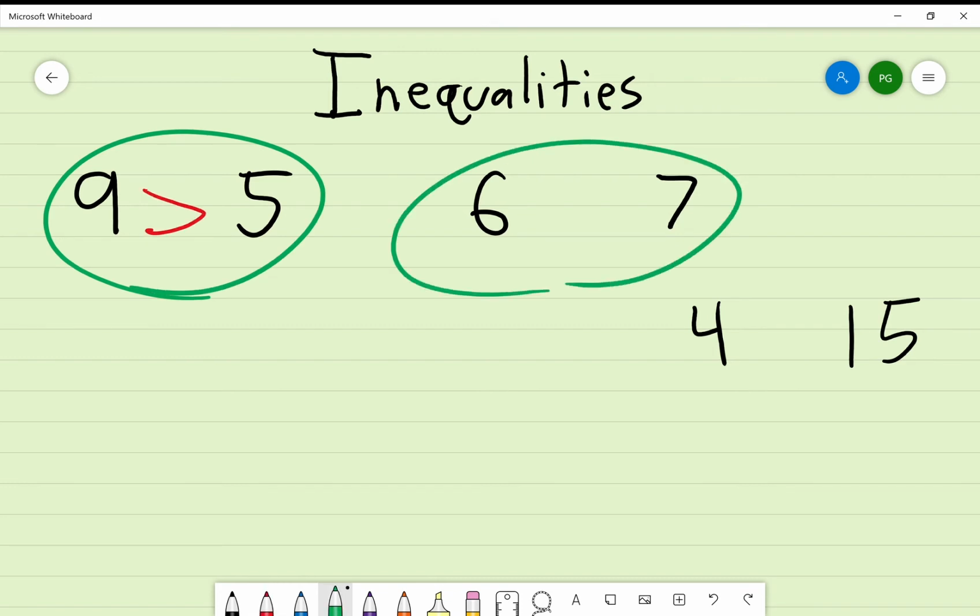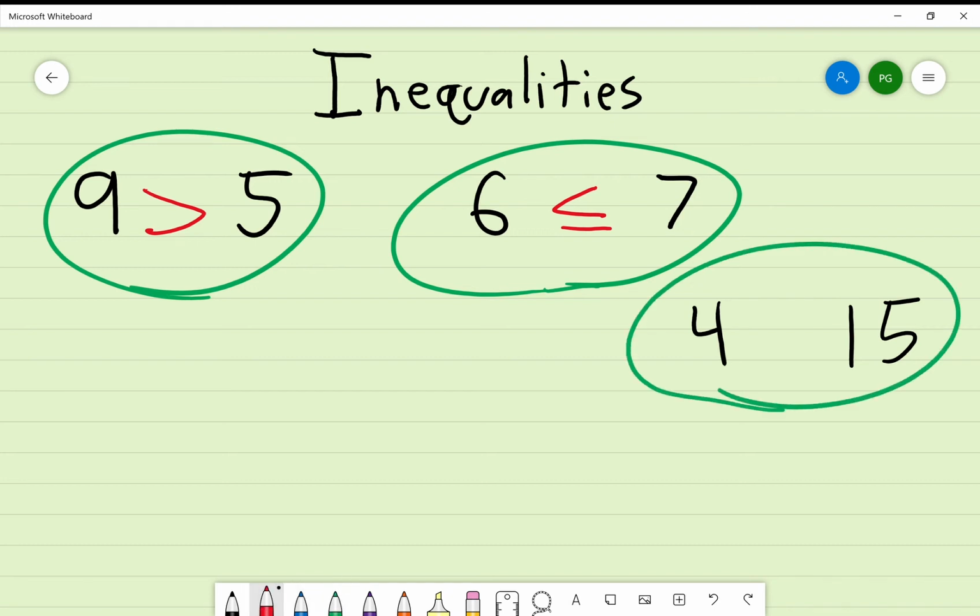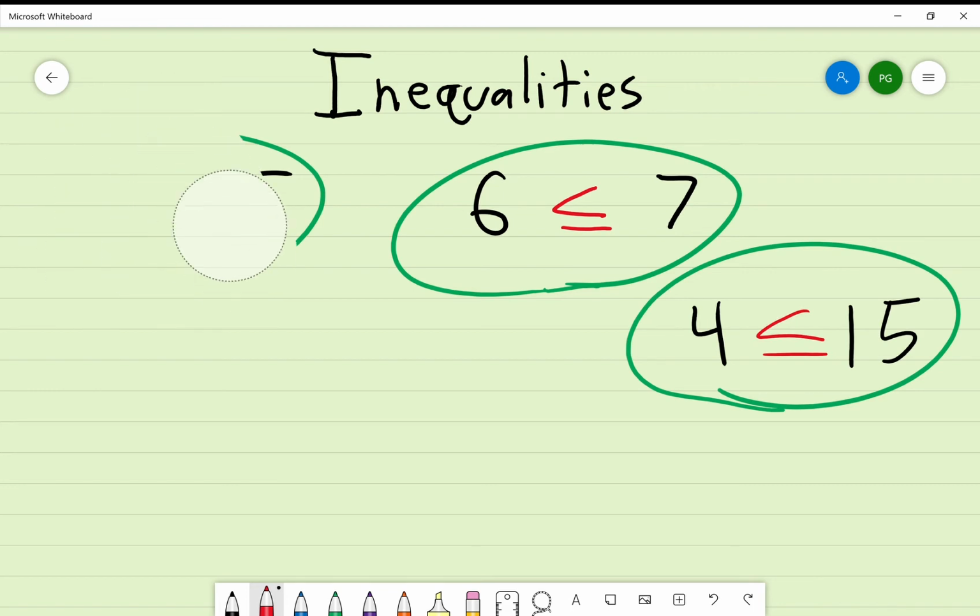For this pair, the alligator eats the bigger number. Done. Yes, you can have a small little equal sign on the bottom. It makes no difference. The alligator still points its mouth toward the bigger number. And here, the last pair, the alligator again has to eat the bigger number. Boom, 15.